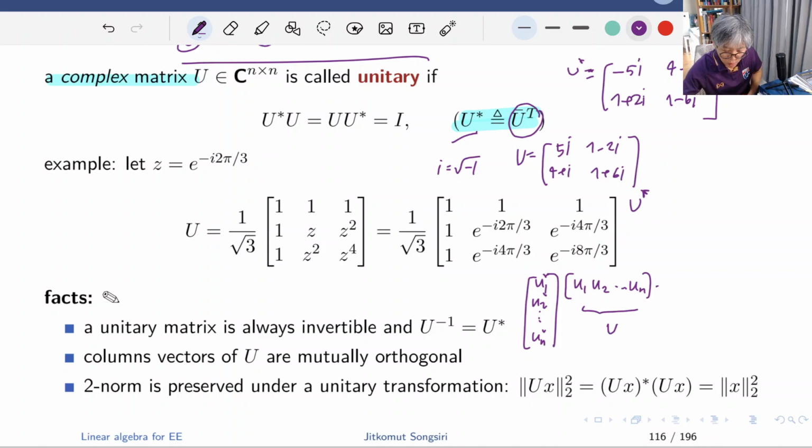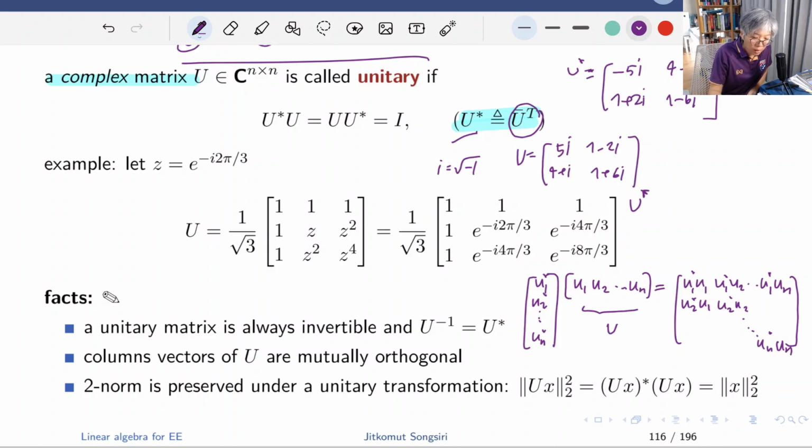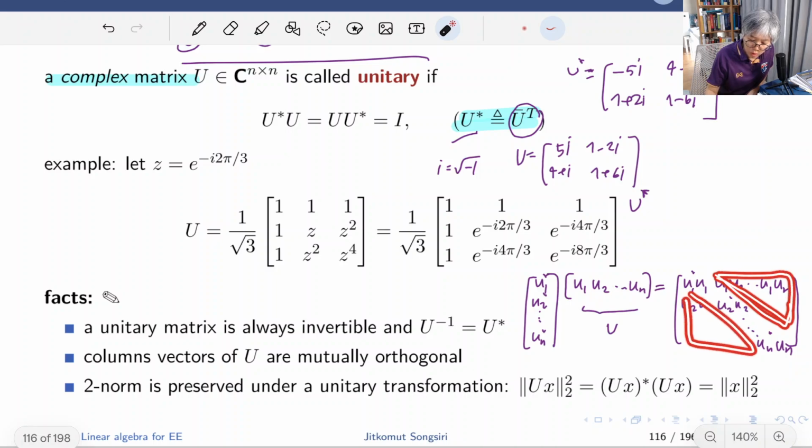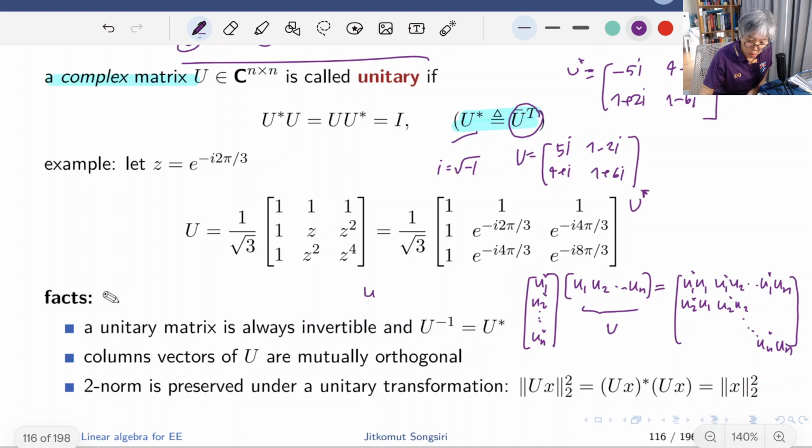When you multiply it out, it's going to be U1 star U1, U1 star U2, dot dot dot, U1 star UN, and so on, with Uk star Uk on the diagonal. If the result of the multiplication gives you the identity matrix, all the upper and lower triangular parts must be 0. That quickly shows that Ui star Uj must be 0. That's what it means: columns are mutually orthogonal.